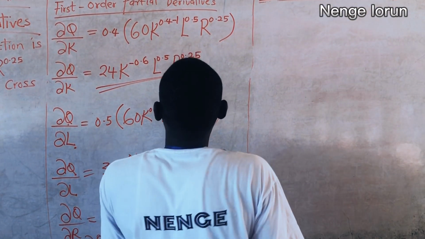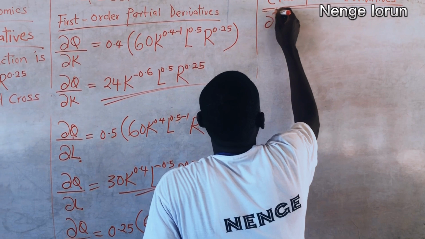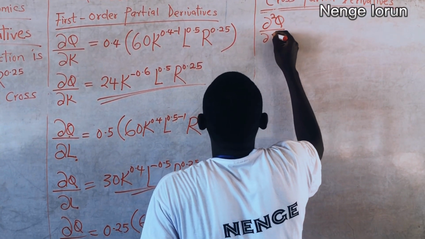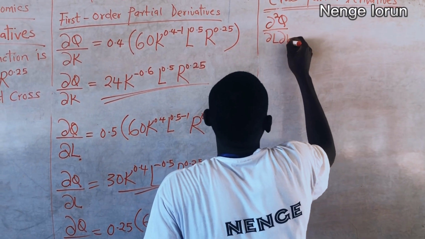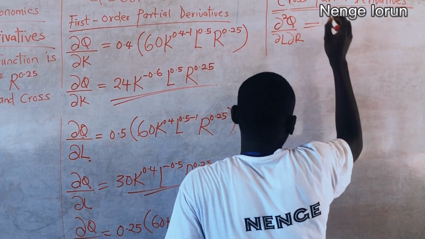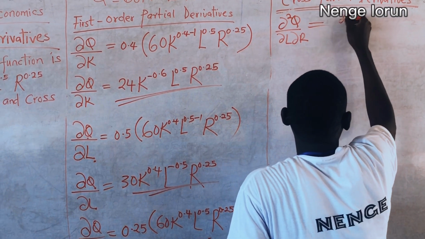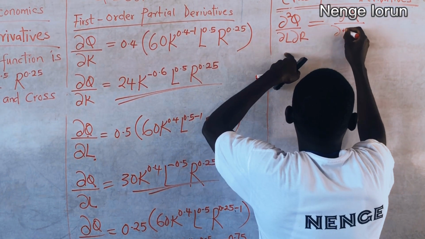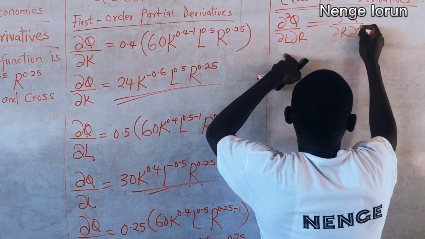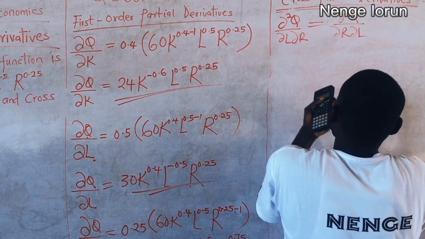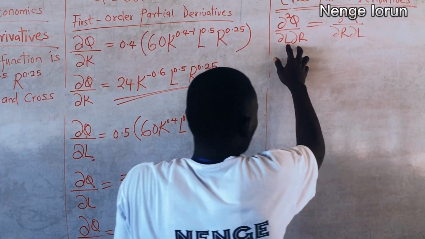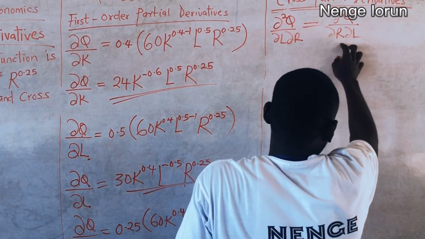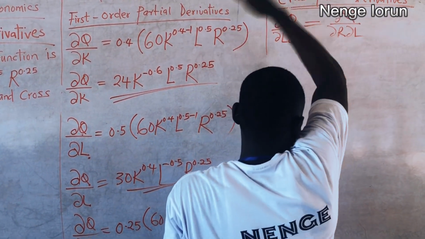The cross-partial derivative of q with respect to L with respect to R should be equal to the second order cross-partial derivative of q with respect to R with respect to L. This is why it is called cross-partial, because look at it here, we discover that L is before R, coming to this one, R is before L, so it is cross, like that.